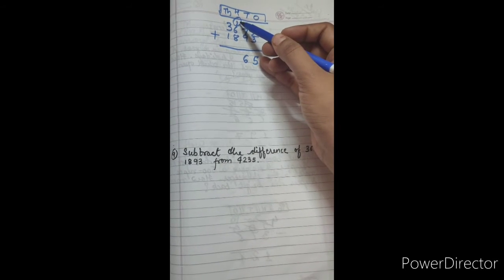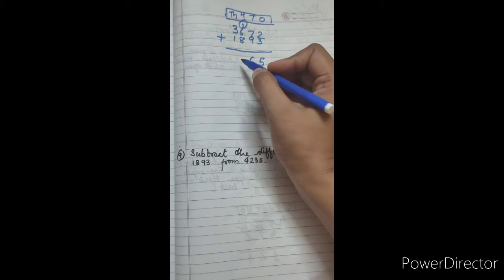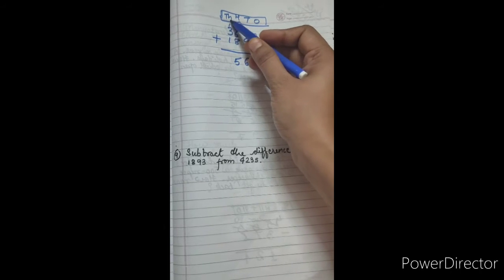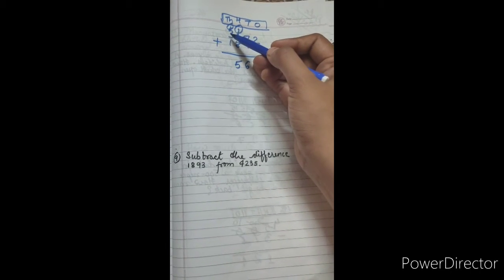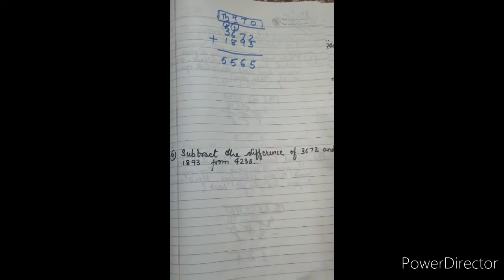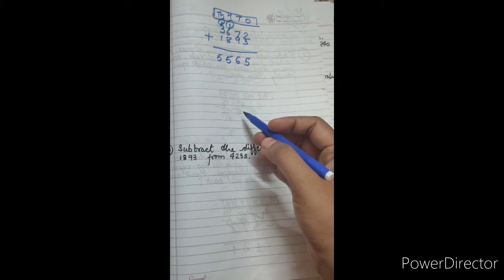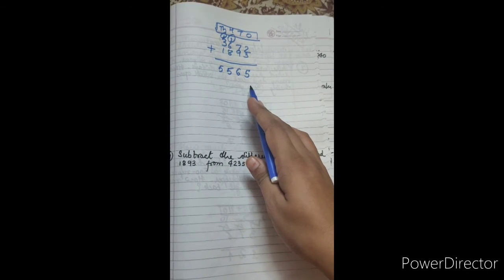And 6 plus 1 is 7, and 7 plus 8 is 15. So write 5 under 100 column and carried over 1 to the 1000 place. And 1 plus 3 is 4, and 4 plus 1 is 5. So sum is 5565.